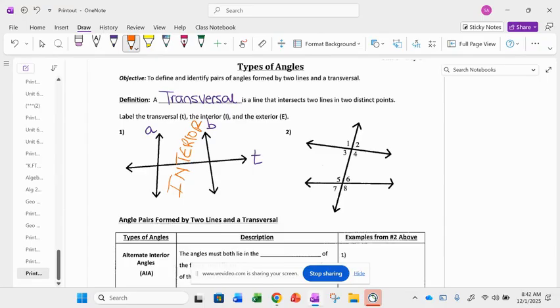And then the exterior is going to be on the outside of both lines. So it's going to be to the left of line A is the exterior, meaning outside. And to the right of line B is the exterior, meaning outside.